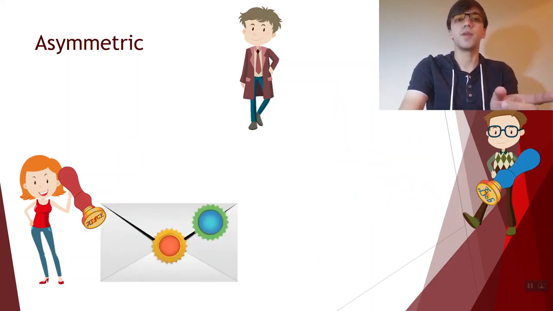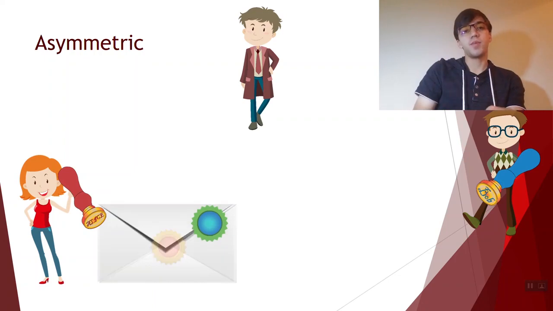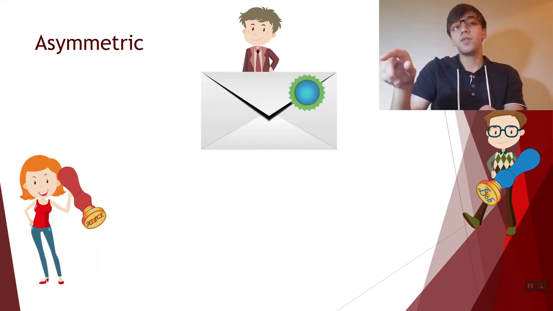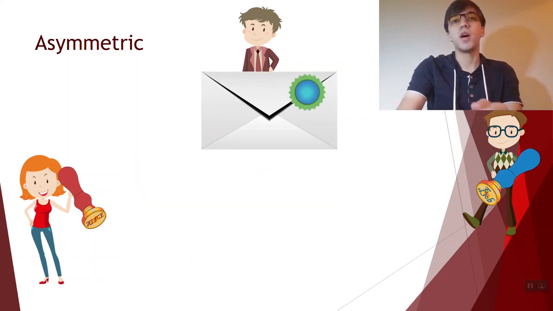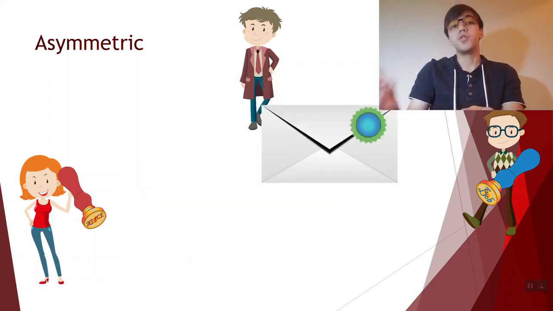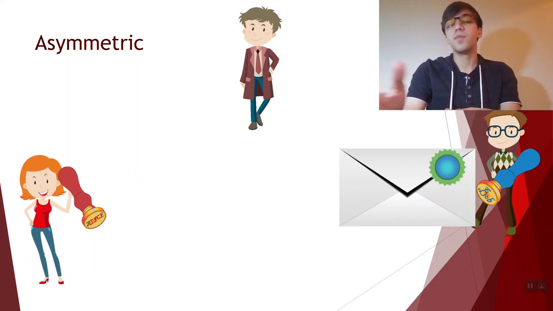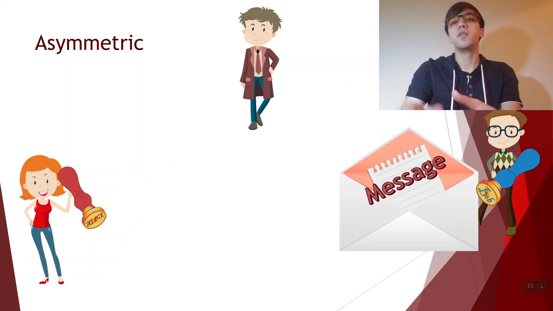But here's where it gets interesting. Alice can remove her seal and send it back through Eve, who still can't open it because it has Bob's seal on it, back to Bob. Now, because it only has Bob's seal on it, Bob can break that seal and open up the message.